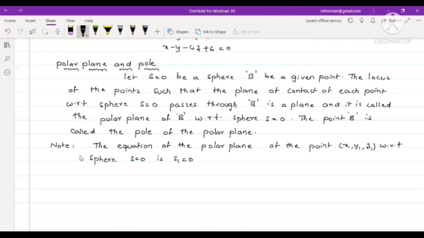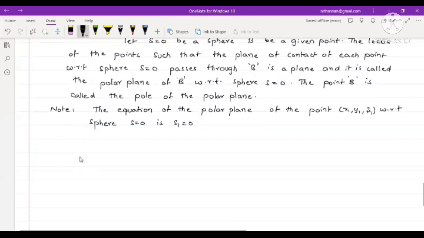This is clear. Okay, so coming to the next definition, that is conjugate points.